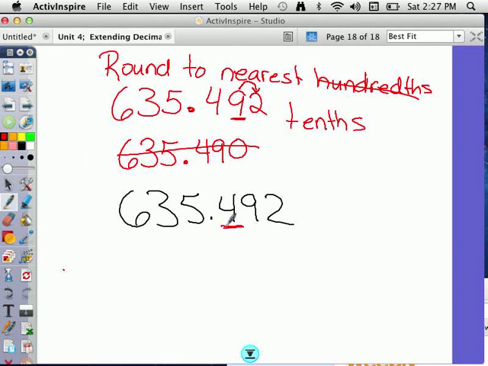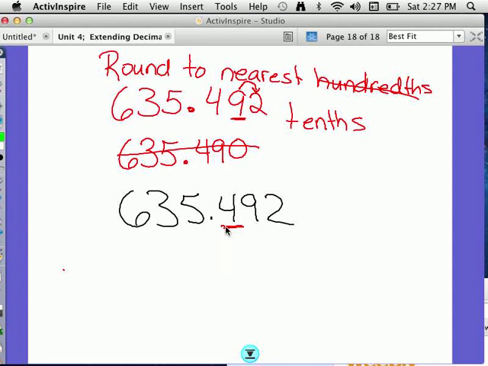Then the 4 looks over to the 9, which is in the hundredths place. Remembering the rule, 5 or more raise the score, 4 or less give it a rest. In this case, this is more than 5, so I'm going to raise the 4 up to the next number, which will be 5. Therefore, I have 635 and 5 tenths. That will be my new number. If I put anything behind it, it'll just be zeros.